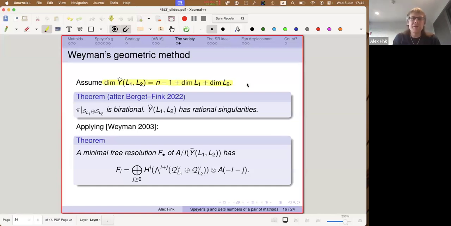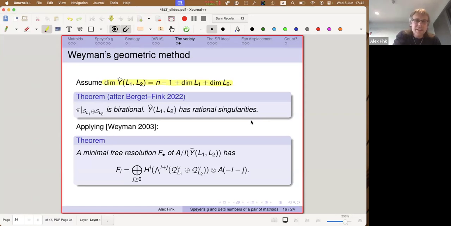But aside from that degree of freedom, if the thing is as large dimension as possible, then you get that the pi on the previous slide is actually birational. And using a bunch of technology from my previous paper with Andy about Binglin Li, it tells you a multiplicity freeness result, and Brion gives you rational singularities, and then you pull it along through the ring of sections of vector bundles.